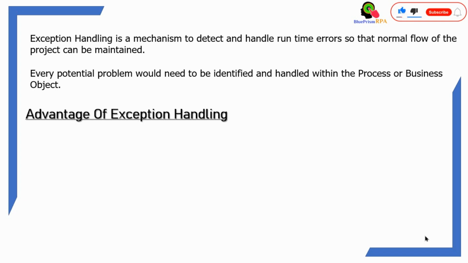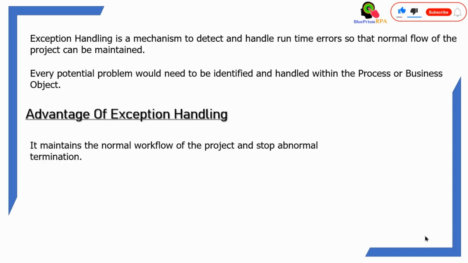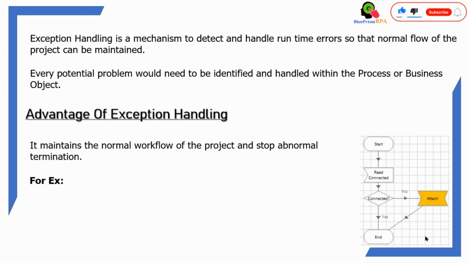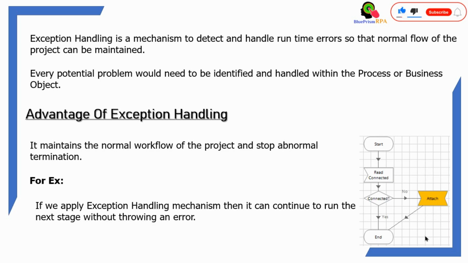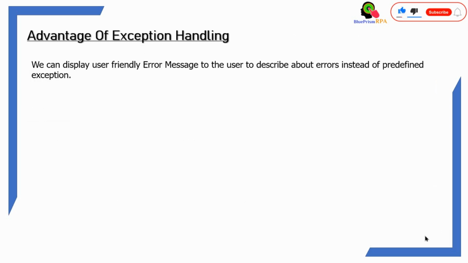Advantage of exception handling is it maintains the normal workflow of the project and stops abnormal termination. For example, if we apply exception handling mechanism, then it can continue to run the next stage without throwing an error. We can display a user-friendly error message to the user to describe the errors instead of a predefined exception.